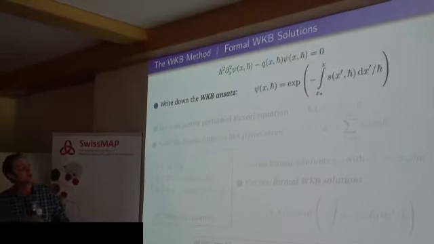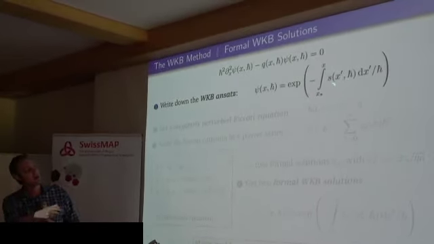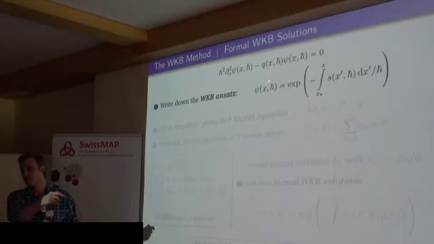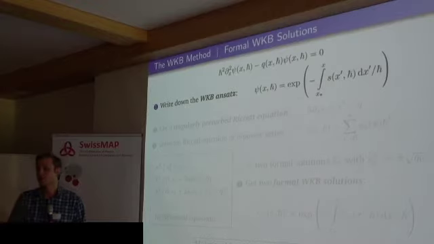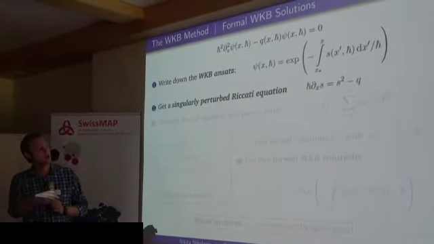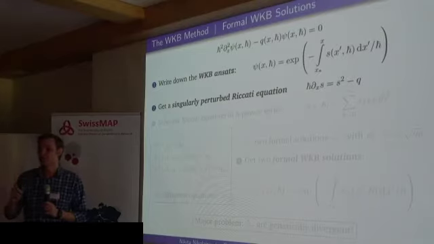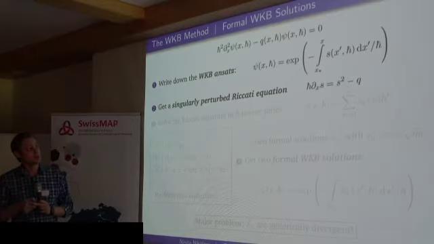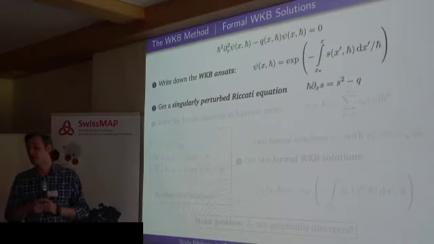So S is now the unknown function. If you take this expression, put it into the Schrödinger equation, compute a few derivatives, and cancel the exponential, you get a first order, so no longer second order, but nonlinear differential equation for this test function S. This is called the Riccati equation, so it's quadratic.